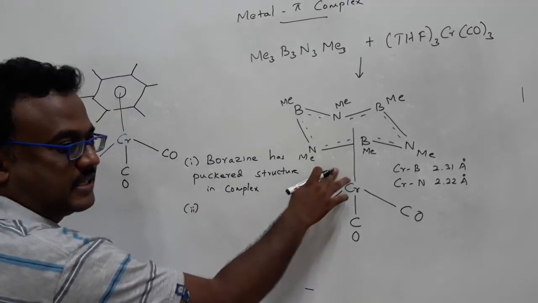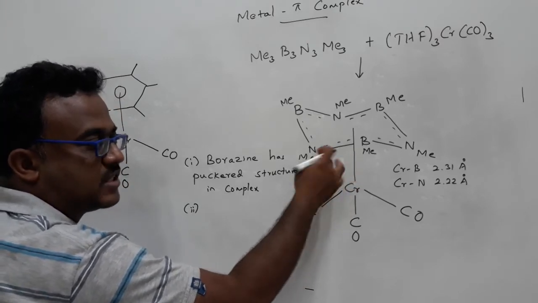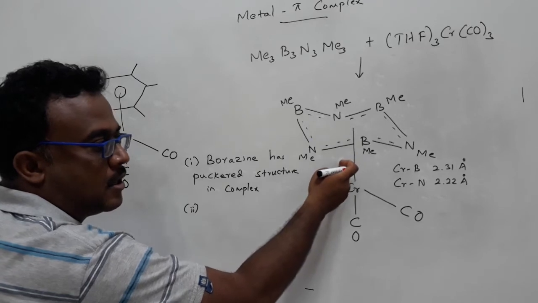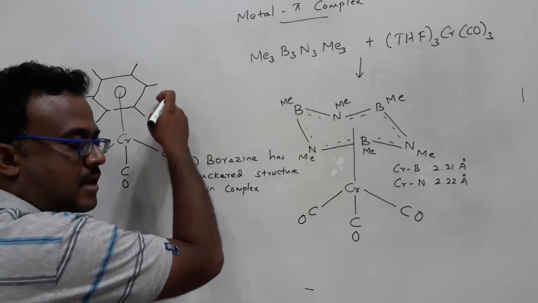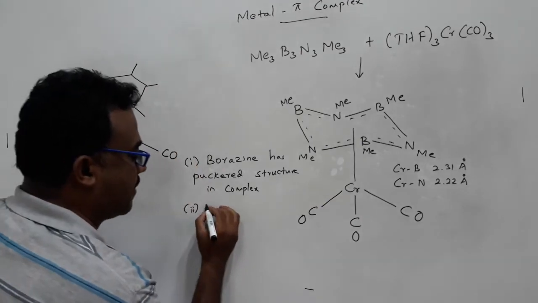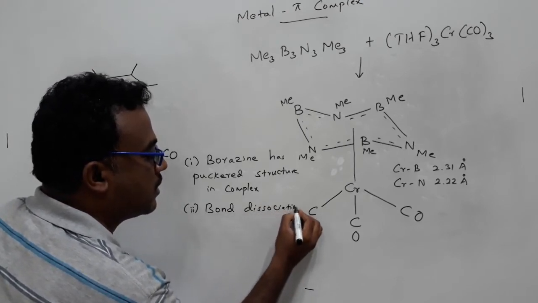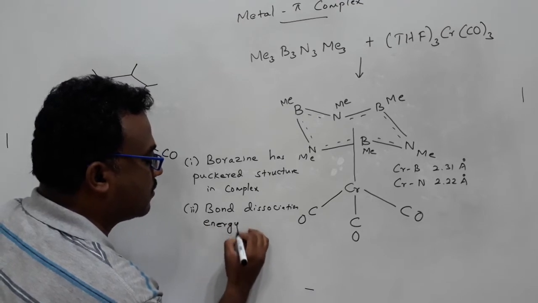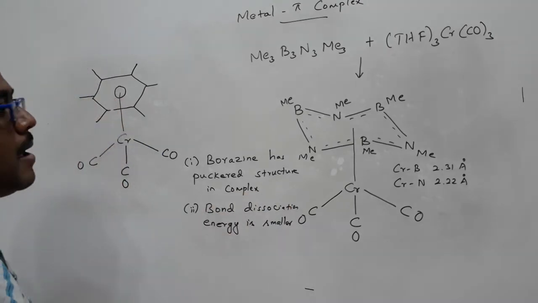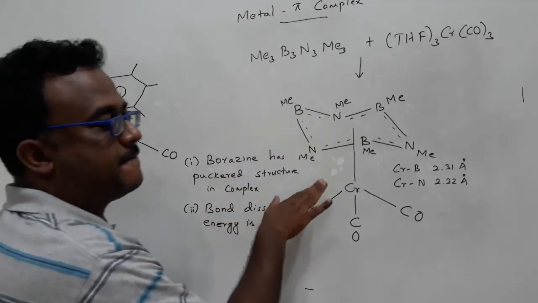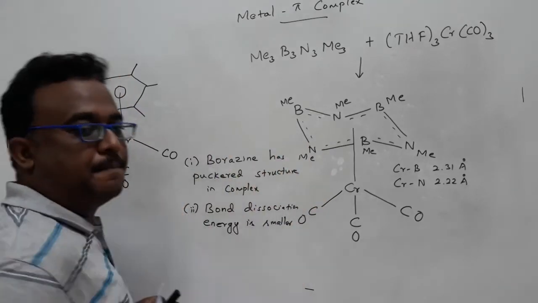Because of weak aromaticity in borazine, the bond dissociation energy is lesser for the borazine substituted chromium derivative compared with the hexamethylbenzene derivative of chromium complex. Bond dissociation energy is smaller. These are some more differences between benzene and borazine. It further confirms that borazine is weakly aromatic in nature compared with benzene.